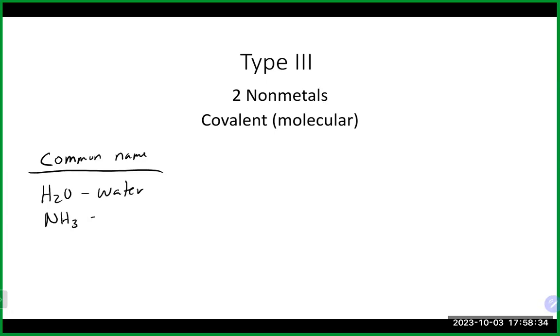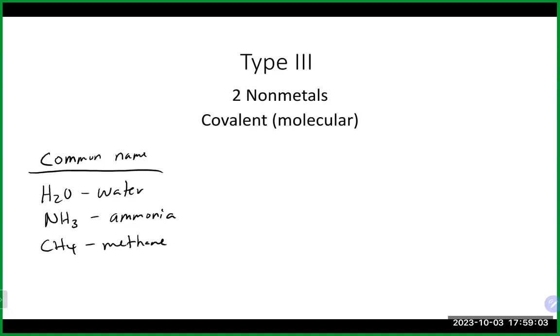NH3 is ammonia, not to be confused with what we just saw in our polyatomic ions, which is NH4 plus, the ammonium ion. So they are different. One's an ion, one is not. And CH4 is methane, which is the simplest organic molecule that you could have. So all other nonmetals will follow type 3 rules.